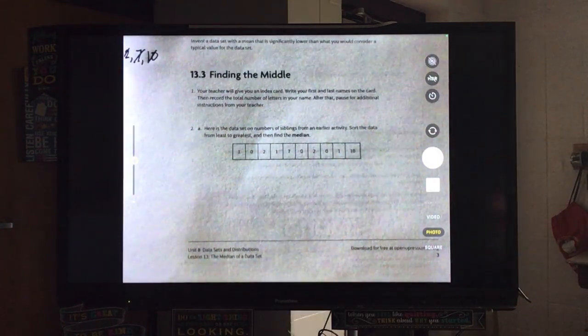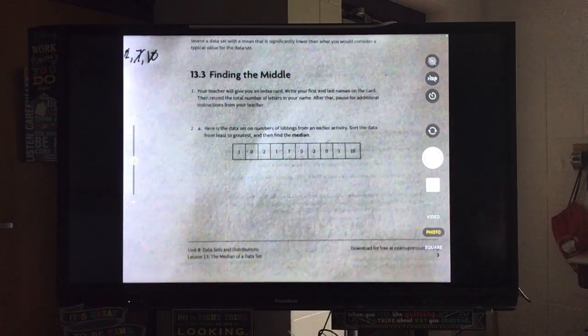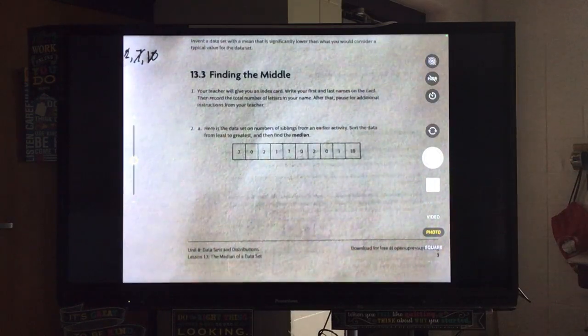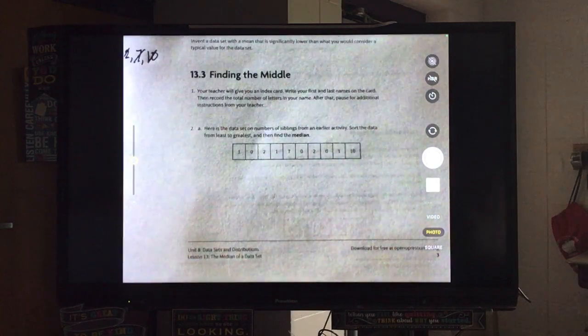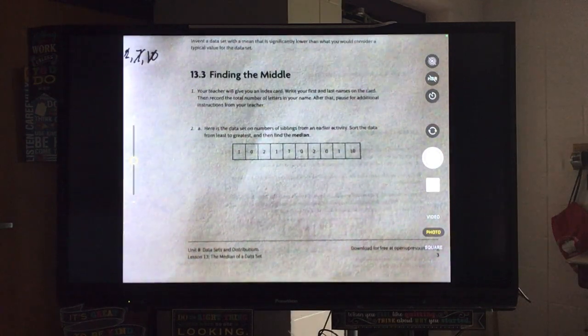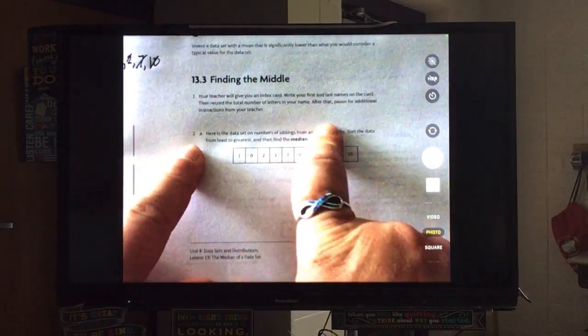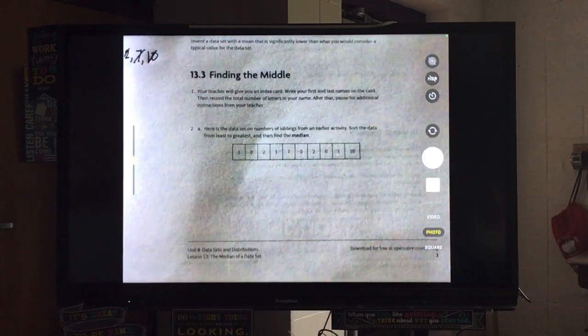Okay, are we ready to focus on the next part of our lesson? All right. I'm not going to give you an index card. We're just going to do this together. It says, write your first and last name, right underneath here. And then we're going to record the total number of letters in your name.